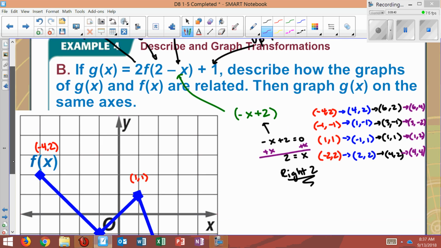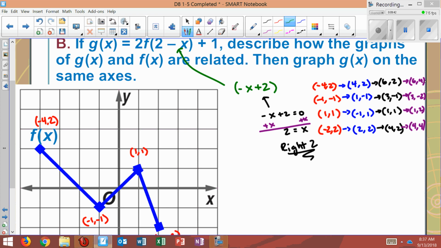Move all my y values up 1 more. So I'm going to have my y values go up 1 more, so this would be 6, comma 5. This would be 3, negative 1. I'm running out of room here. This will be 1, 3. And this will be 4, 5.